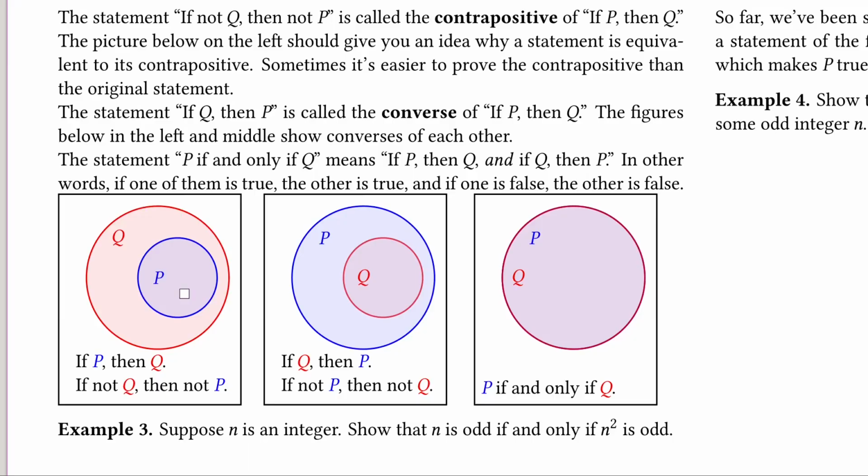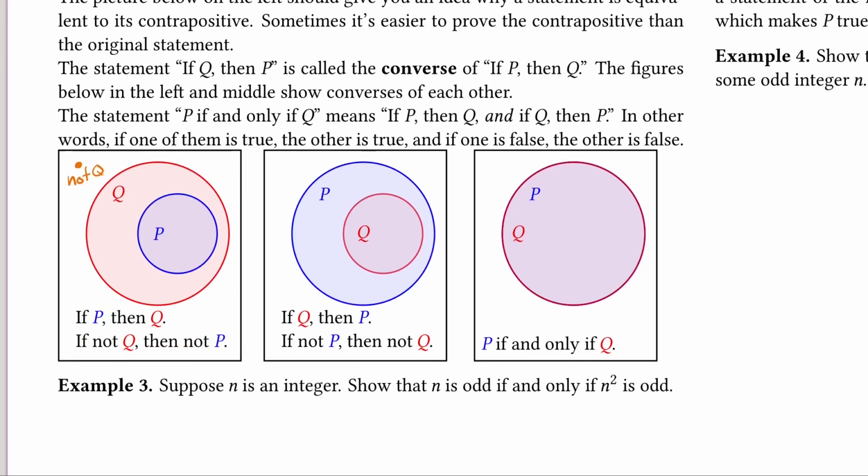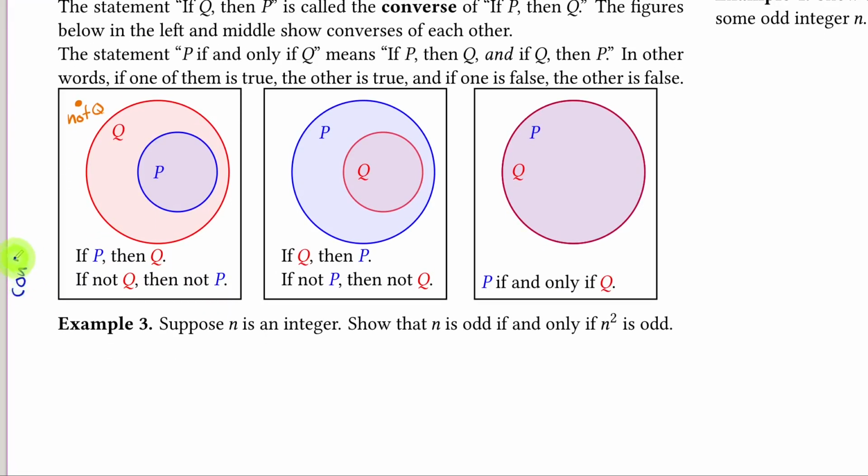And that's equivalent to saying if not Q, then not P, because if you're out here somewhere, not Q, being outside of Q also excludes you from P. So these two statements are logically equivalent, and one is called the contrapositive of the other.